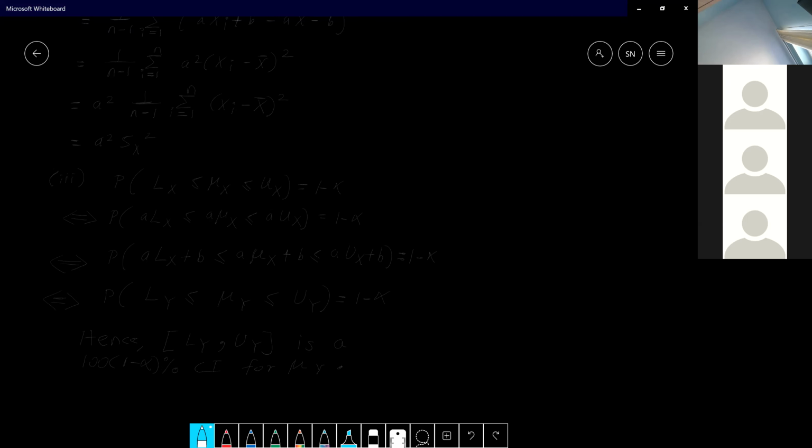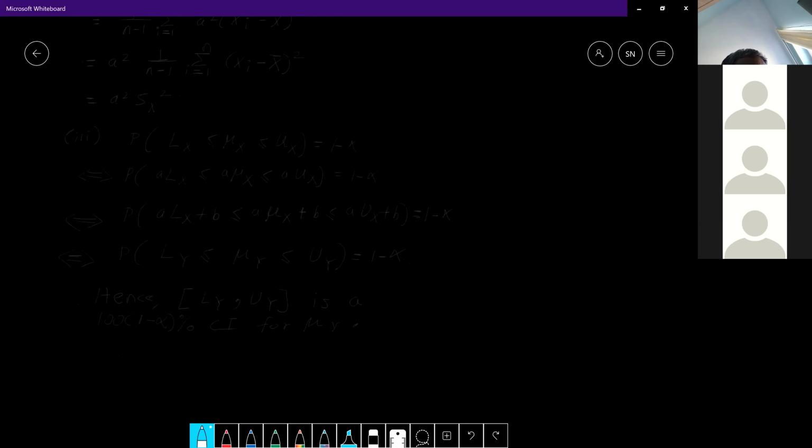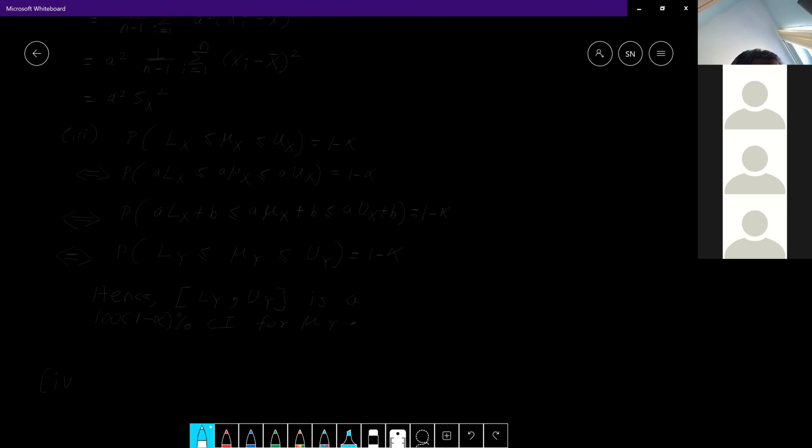All right, and the final part of question 7 is the following. This is the last one, part 4. You are told that there is a confidence interval for sigma x squared, which is from V to W. So basically it means that the probability that sigma x squared lies between V and W is equal to 1 minus alpha.